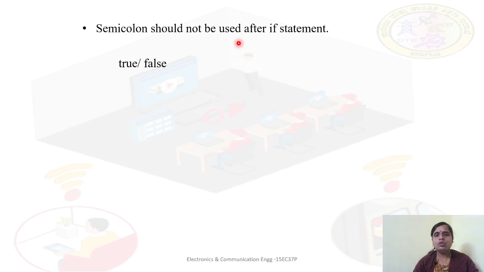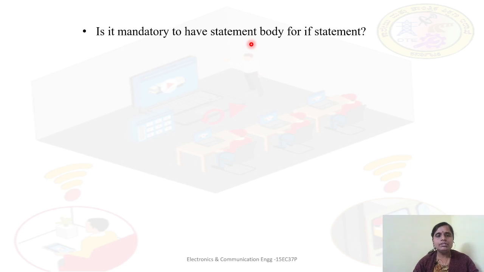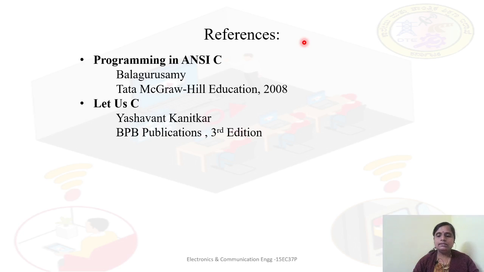Yes, we are not going to use the semicolon. So it is true. The next question: is it mandatory to have a statement body for an if statement? Should we compulsorily use a statement body? No, it's not mandatory. So, no. These are some of the MCQs I have taken.